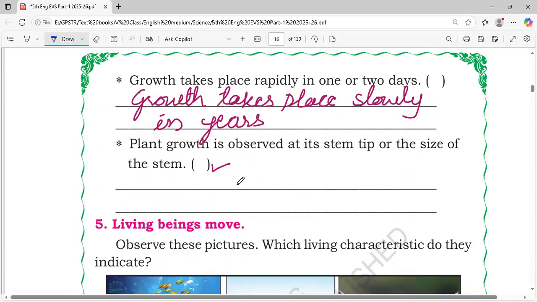Second one, growth takes place rapidly in 1 or 2 days. This is absolutely wrong. The correct statement is growth takes place slowly over years. Third one, plant growth is observed at its stem tip. This is correct.